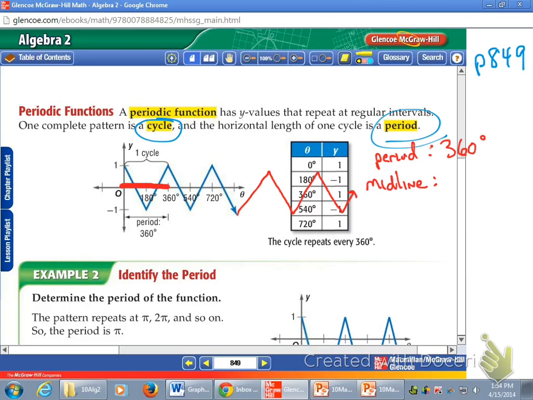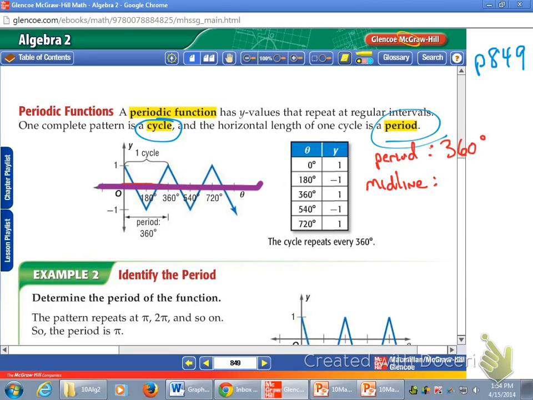Yes, it is. Now, I'm going to get rid of that red because it's a little bit sloppy. But let's just look at the blue part of it. Where's the middle of this? It is at 0. That's exactly right. So the middle here is at 0.